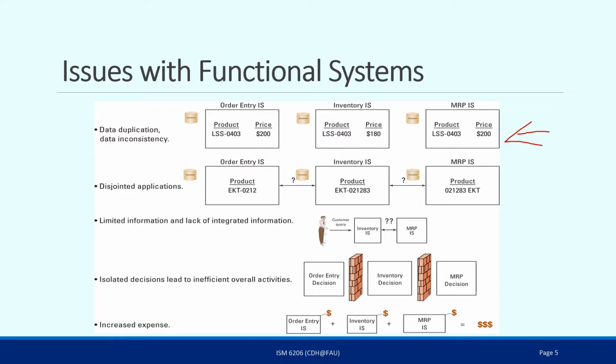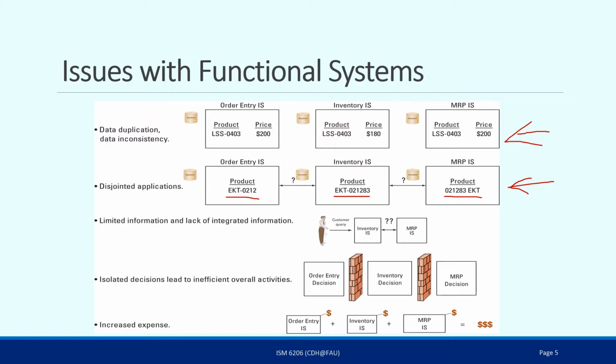And also, if you want to find the same data in multiple systems, not only do you have to be able to log into multiple systems, but also you have to know how, for instance, this product is called in different systems. Using this example, the product part number is recorded differently, so you have to know the convention.